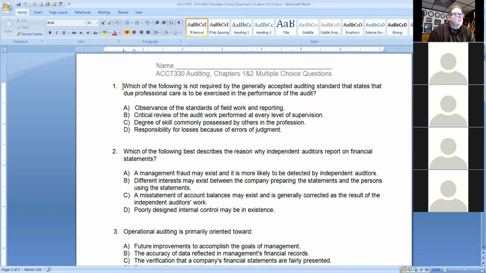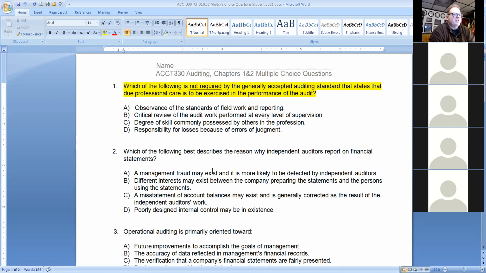Okay. First one, which of the following is generally not required? So which one of these are you probably not required to do as part of the generally accepted auditing standards?